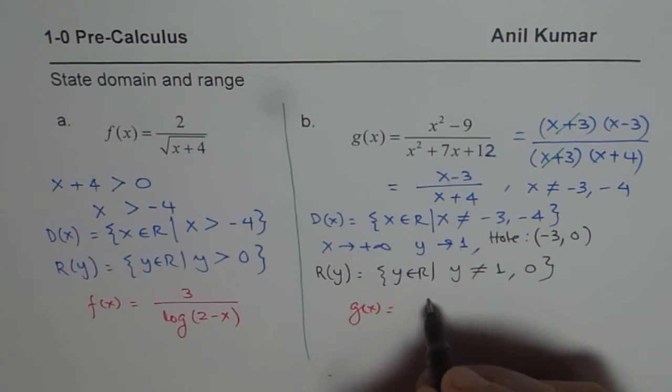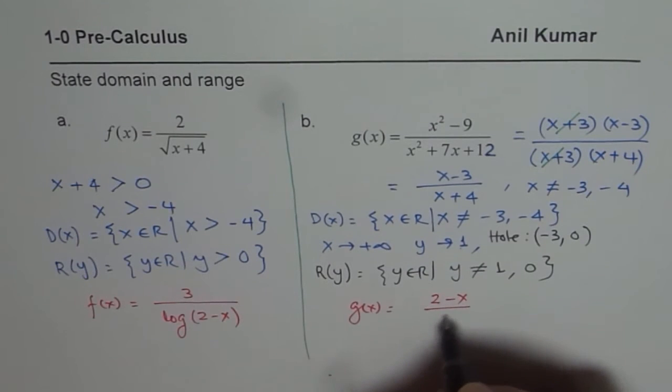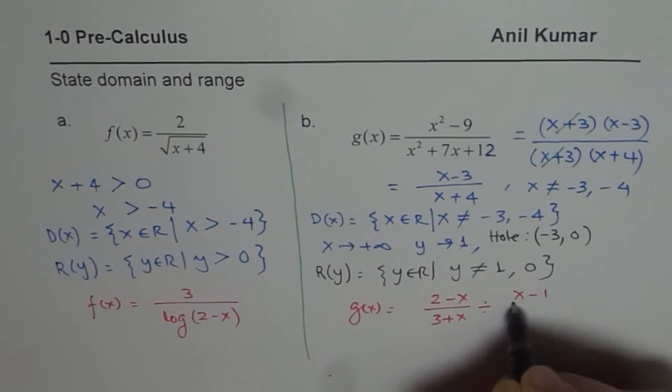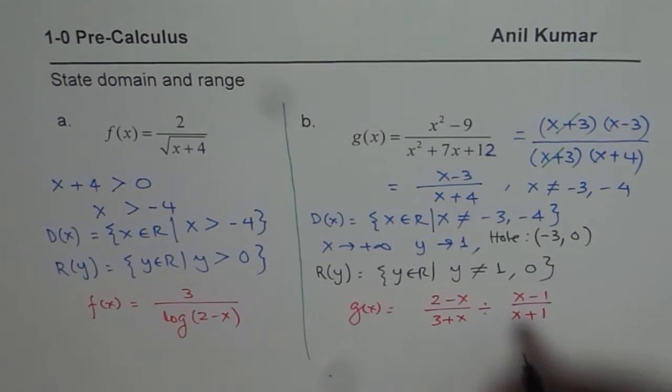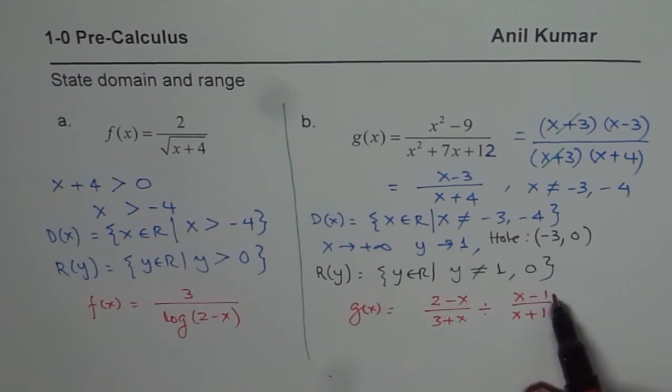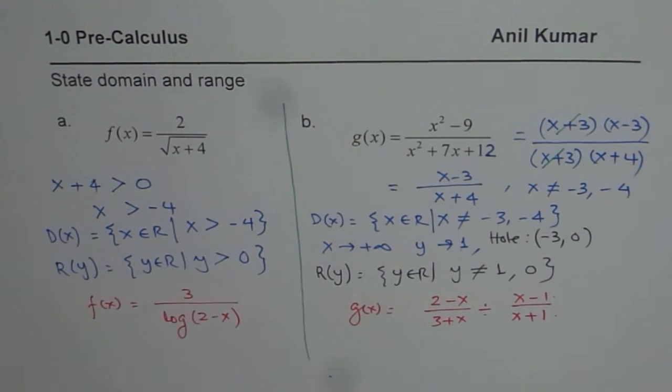For example, you can have 2 minus x over 3 plus x divided by x minus 1 over x plus 1, correct? Remember, when you're dividing, you have to look into restrictions for both the numerator and denominator of the divisor. These things will help you to review the skills required for calculus. I hope that helps. Thank you and all the best.